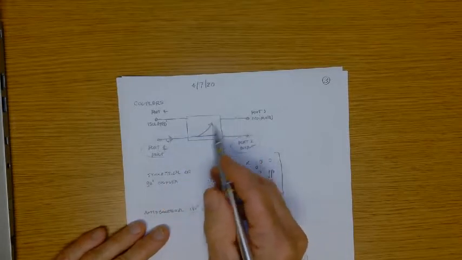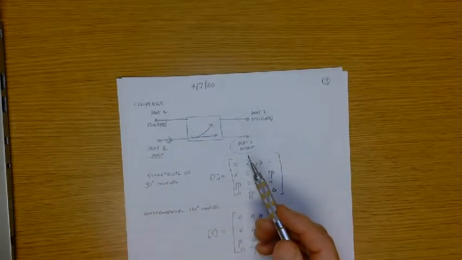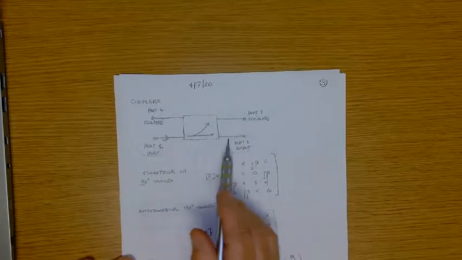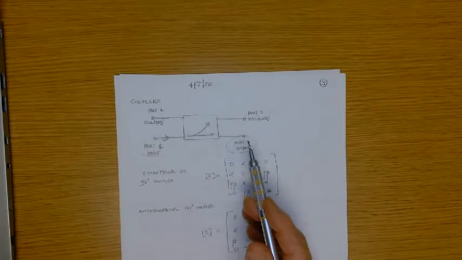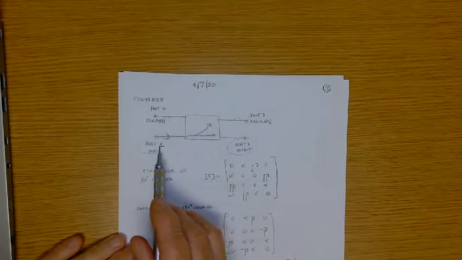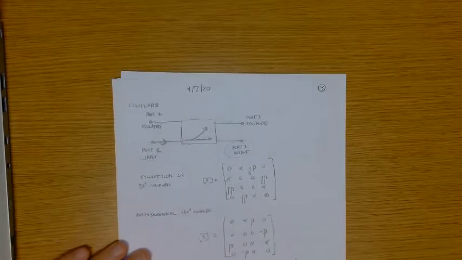It's a 10 dB coupler. Ideally, the through port would be 9/10 of that, and none of the input power would come out of the isolated port. So that's the ideal coupler.